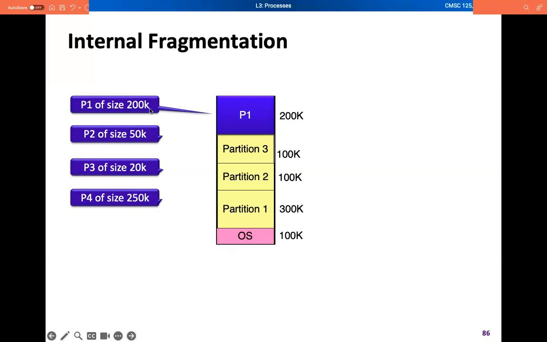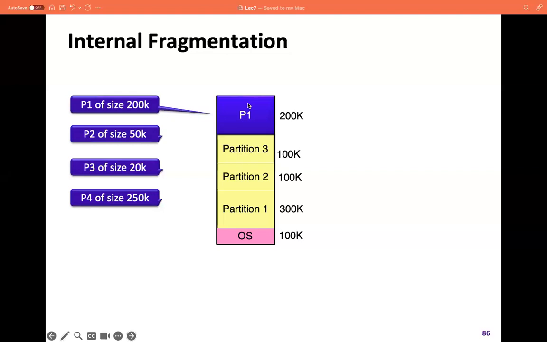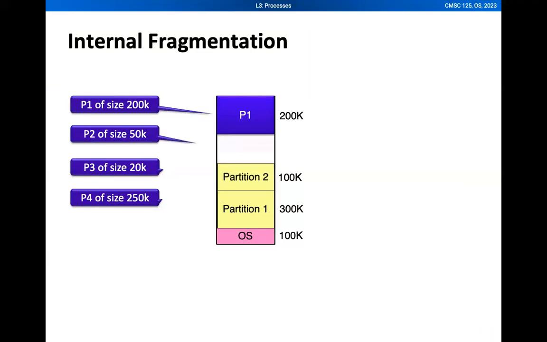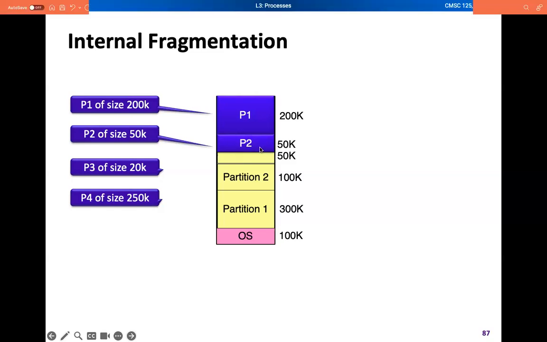Let's say P1 is of size 200K. So we can put it in this partition 4. And then P2 of size 50K can be put here in partition 3. As you can see, in the fixed partition, we have mentioned before that a certain process occupies the whole memory.